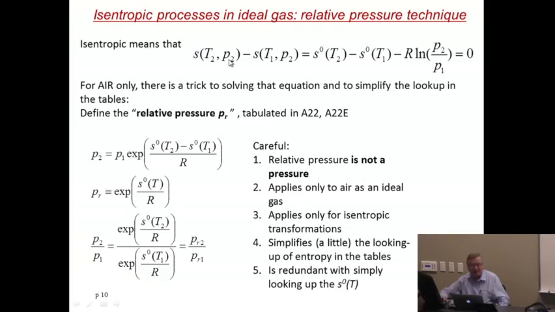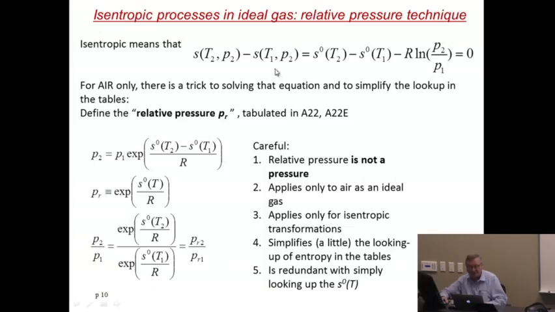We can tabulate the entropy at a given reference pressure for a certain temperature, that's S0, but then we have to add a correction factor for the changes in pressure. So S2 minus S1 is really S0 of T2 minus S0 of T1 minus R log of P2 over P1.